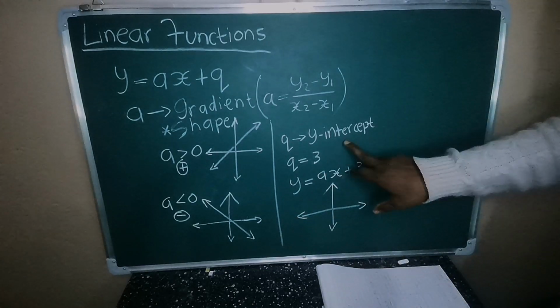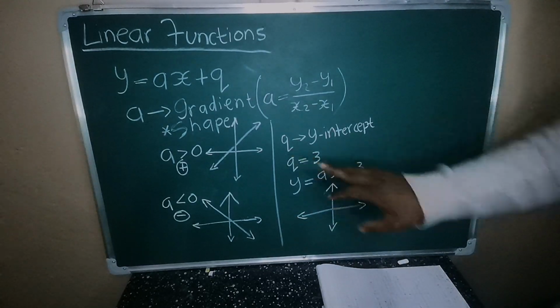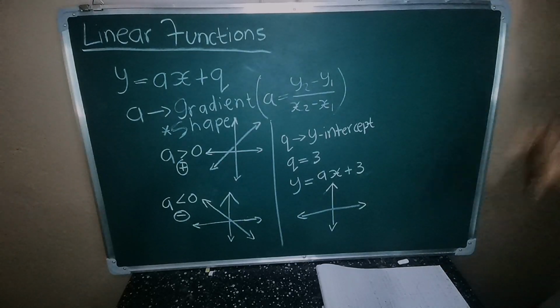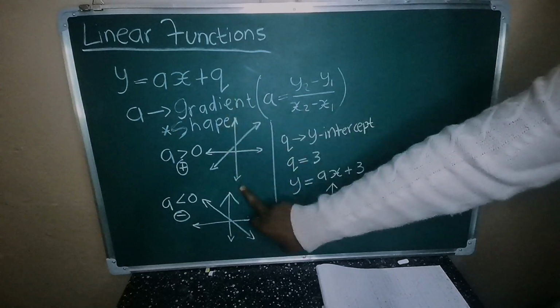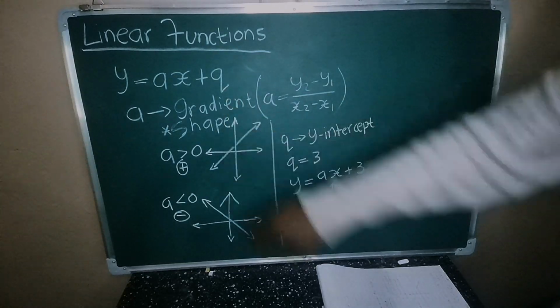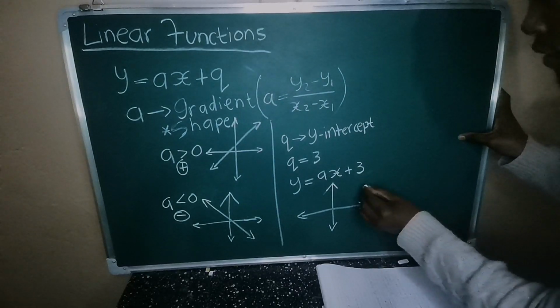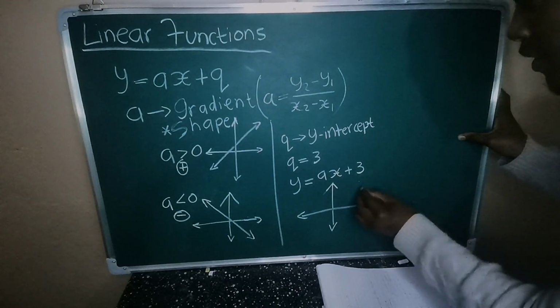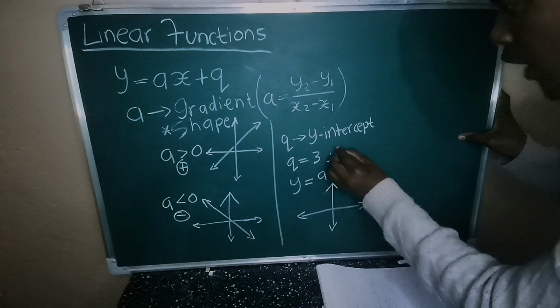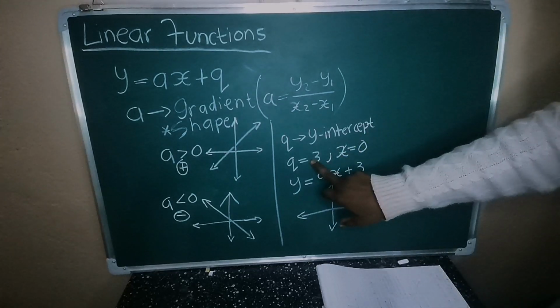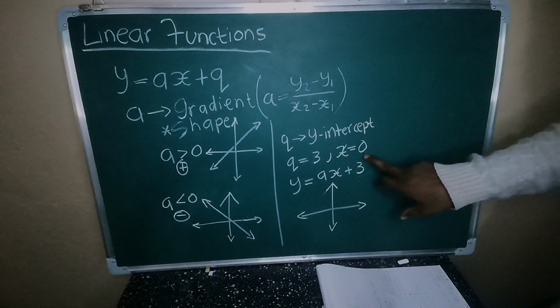Since q is our y-intercept, the y-intercept is where the graph cuts the y-axis, and on this line we know that our x-coordinate is 0. So if y is 3, therefore our x will be equal to 0. If the value of q is 3, by default our x will be equal to 0.